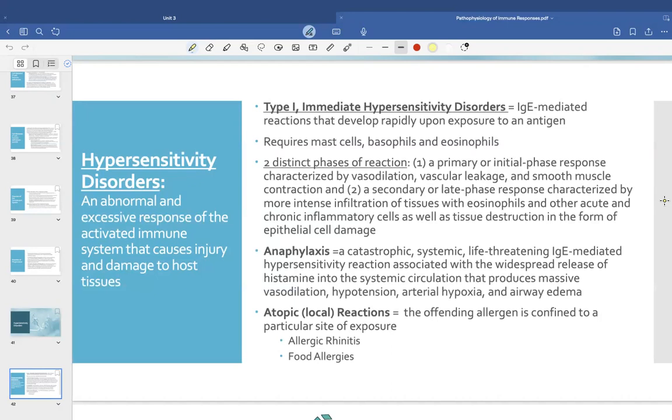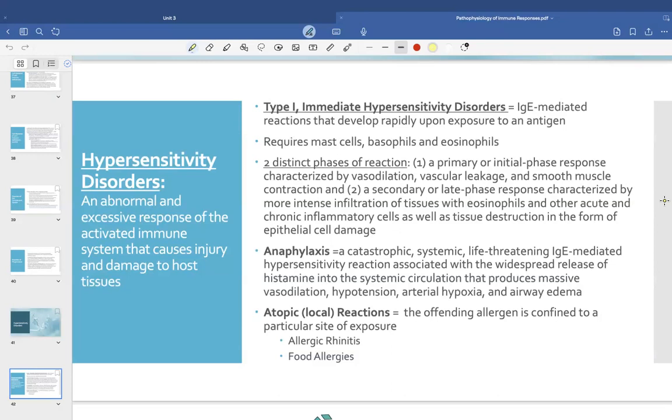You have to recognize that if this was allergy driven, there's going to be a secondary or late phase response where you get this infiltration of the tissues with EOs and other inflammatory cells. And that can lead to an entire delayed reaction or secondary reaction after you send your patient home. And so the steroids that we give, the oral steroids, it's usually to cover that late phase response.